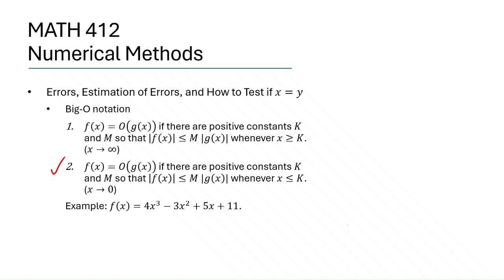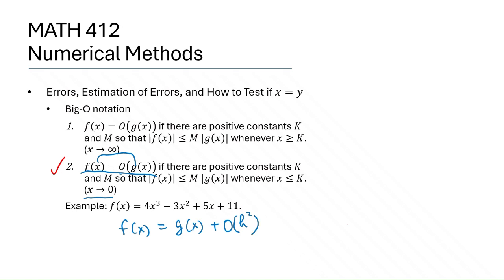For the second case, if you have such a relation, we say f of x is g of x plus big O of h, where h measures the distance between the two, for example h or h squared.